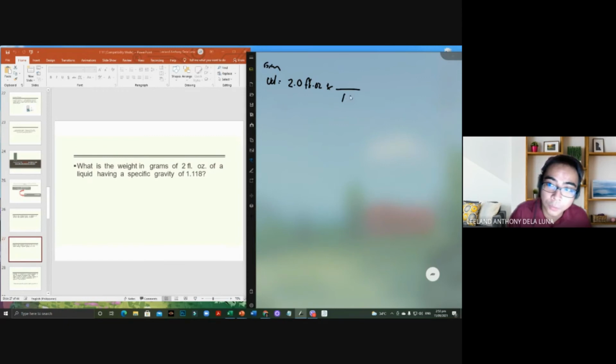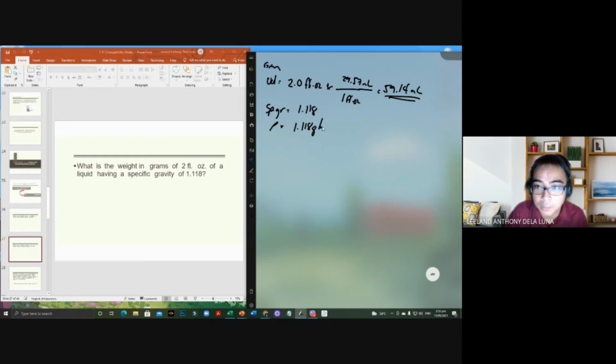So sabi natin 1 fluid ounce is 29.57 ml. Okay, so 29.57 times 2. We have 59.14. Specific gravity is equivalent to 1.118. So sabi natin density is 1.118 grams per ml.